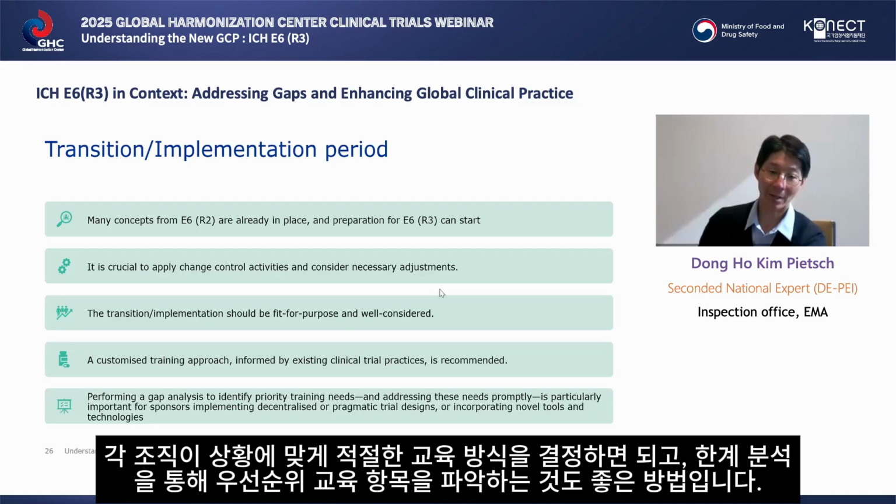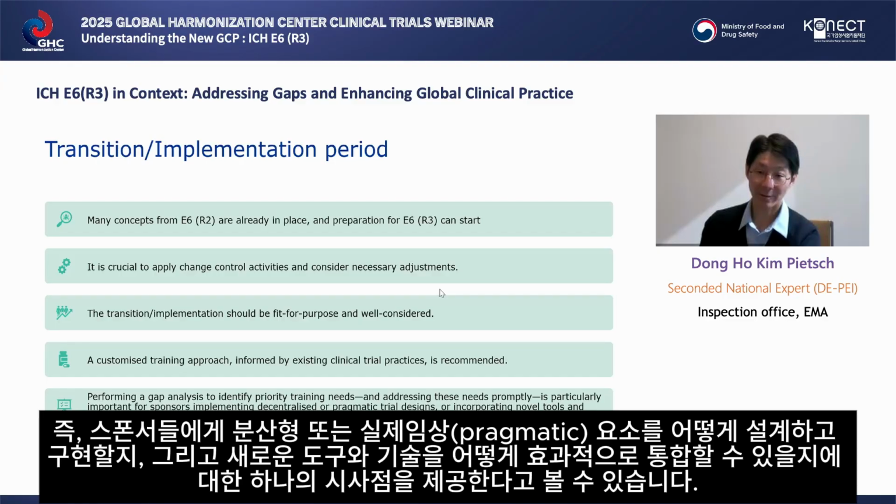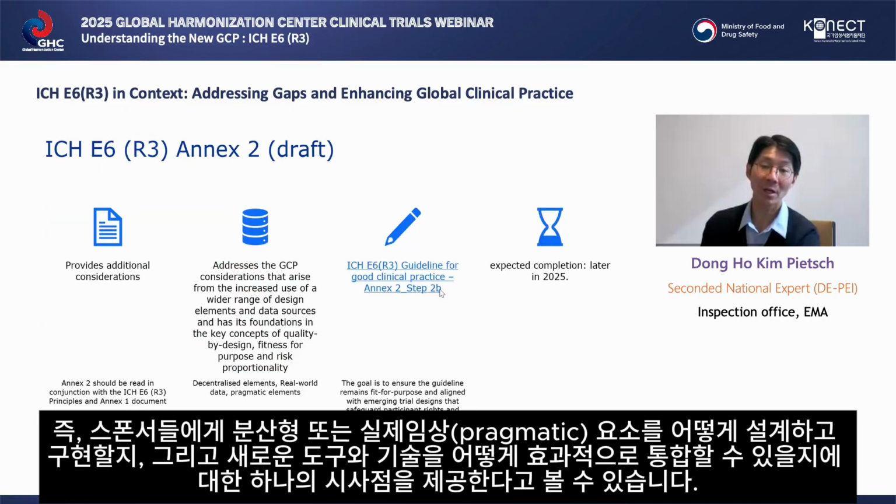Also, it has been mentioned that a gap analysis may be useful to identify priorities on training needs, as people are busy, and we all want people to focus on what matters and not spend unnecessary time on training events. And this is also a hint to sponsors on how to implement decentralized or pragmatic trial elements, or how to best incorporate novel tools and technologies.